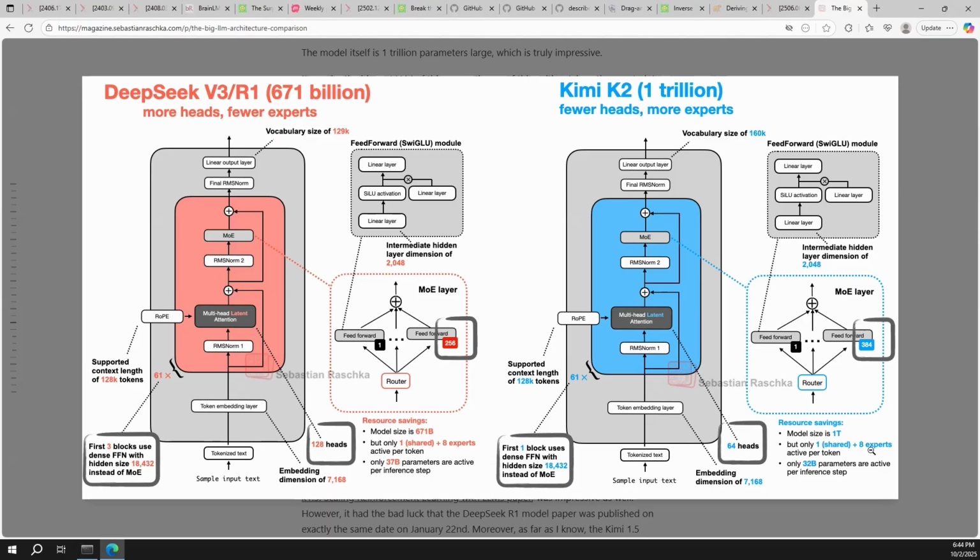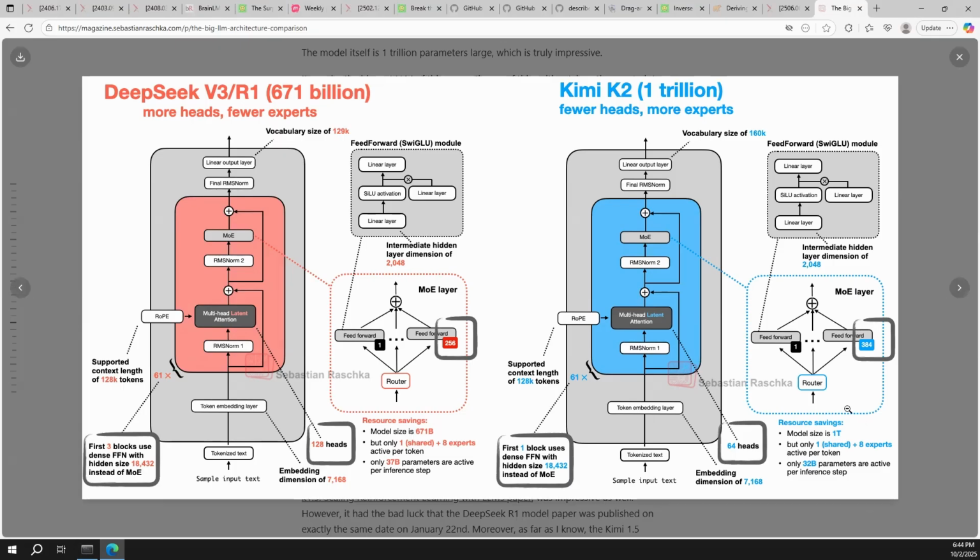So 8 out of 384. So about 1/65th of the MLPs are active, something like that. Or if you count the 1 shared one, 1/60th or so.